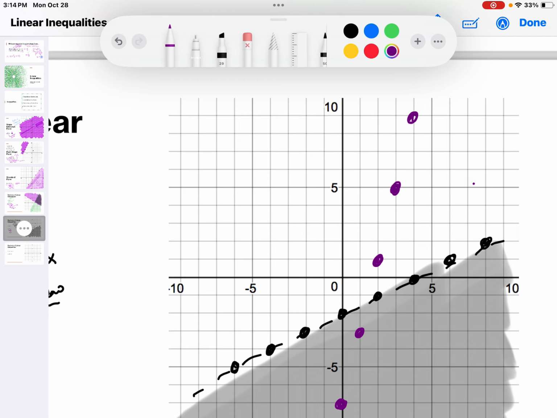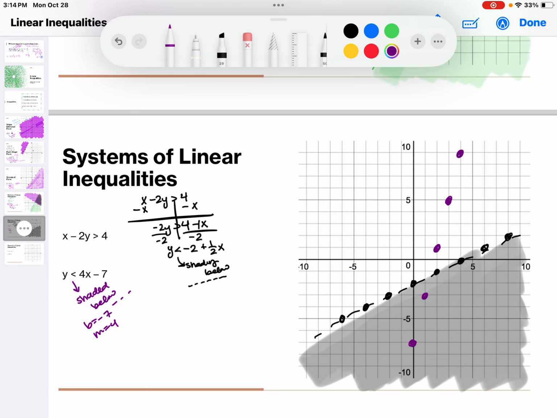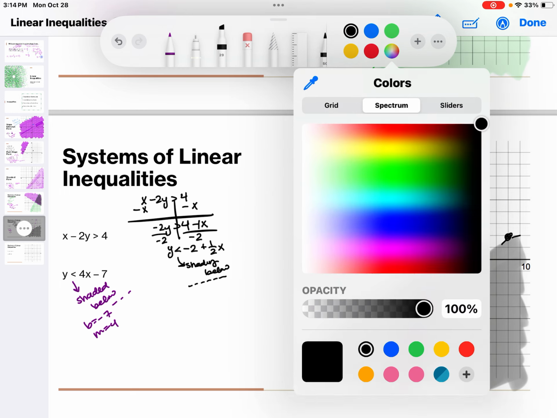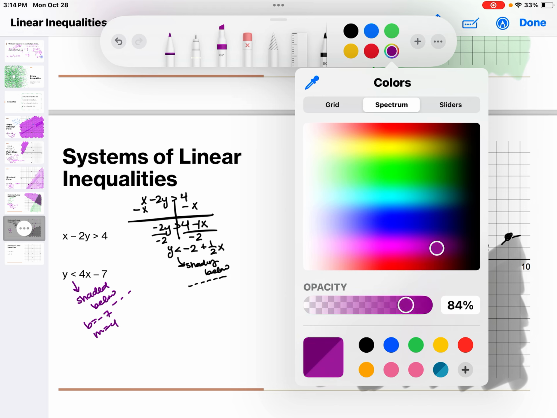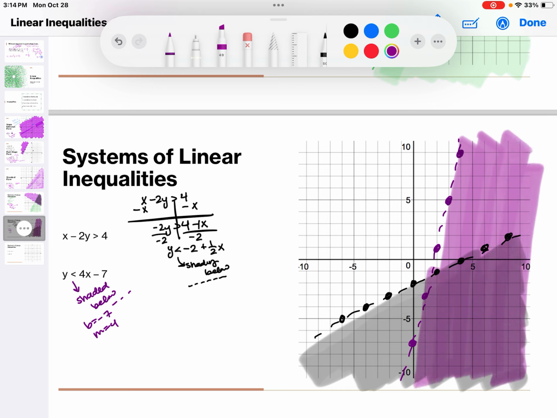And what was it? Shaded below, and it's a dashed line. We didn't write that down. Dashed line, shaded below. This little darker area where they both connect would be the solution.